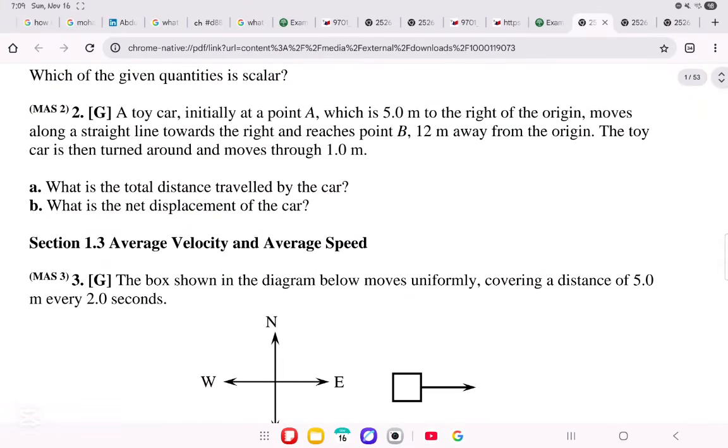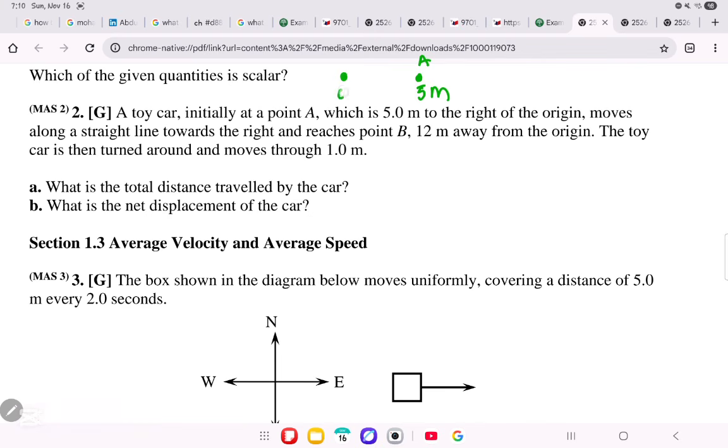What does it say? It says a toy car initially at point A, which is 5 meters to the right of the origin, moves along a straight line towards the right and reaches point B 12 meters away from the origin. The toy car is then turned around and then moves through 1 meter. I always like to draw what happened, right? So point A is 5 meters to the right of the origin.